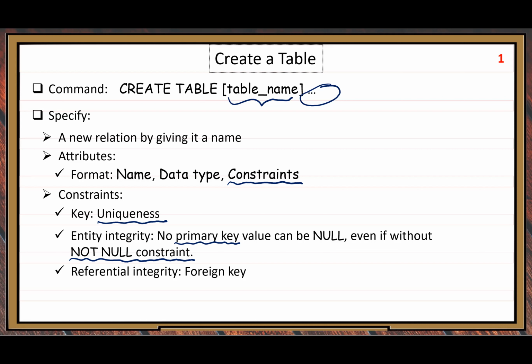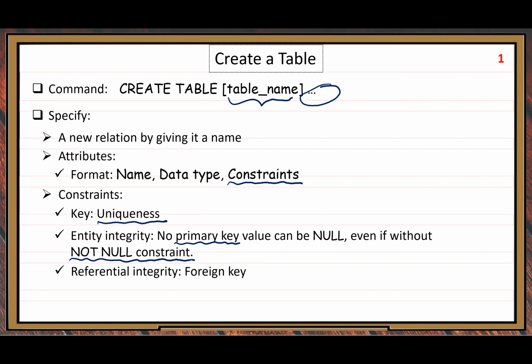Referential integrity. That's the foreign key. In the current table, you have a field that is pretty special because it refers to another key in a different table.